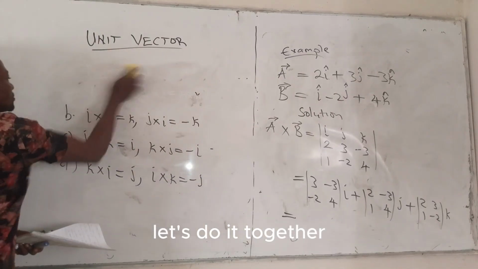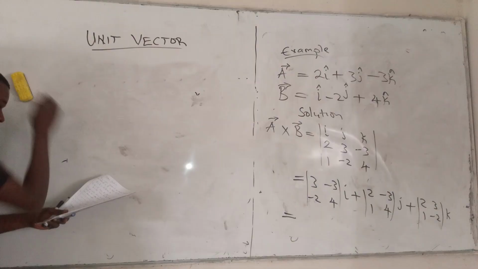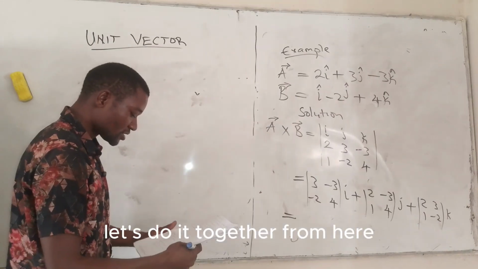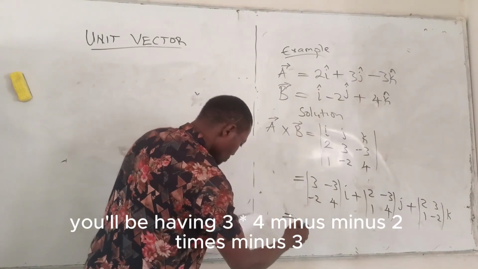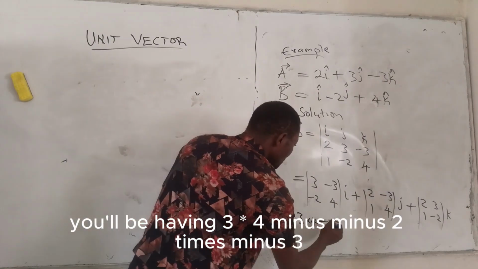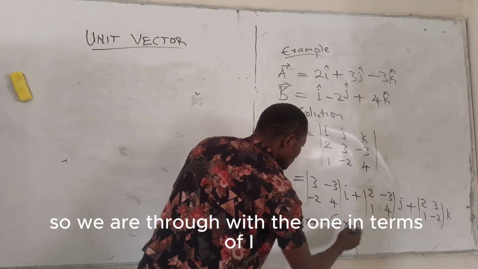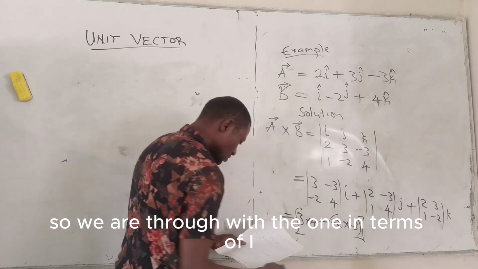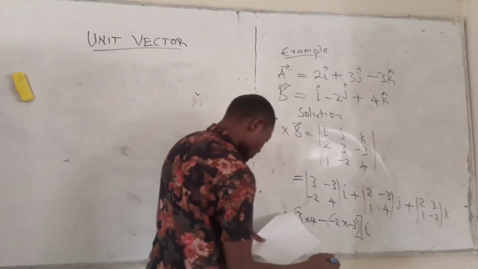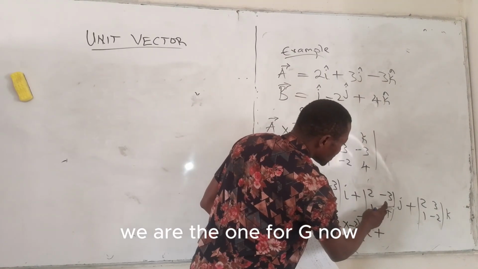Let's do it together. From here, if you multiply, you'll have 3 times 4 minus minus 2 times minus 3. So we are through with the one in terms of I, plus, we are at the one for J now.